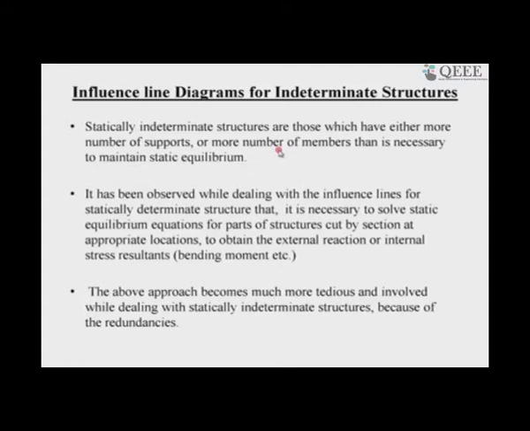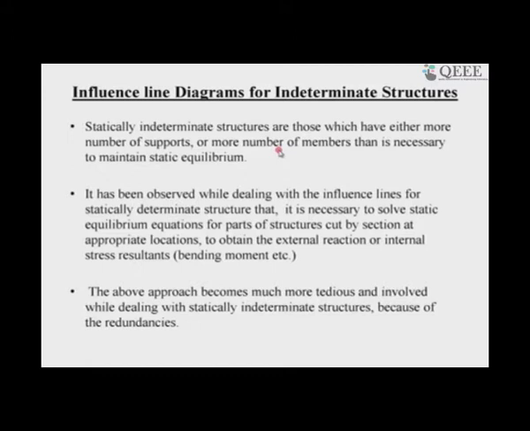Or sometimes they are both, that you can neither solve for the external reactions, nor for the internal stress resultants, unless there is specific information obtained from the deformation of the structure. So, this is statical indeterminacy.